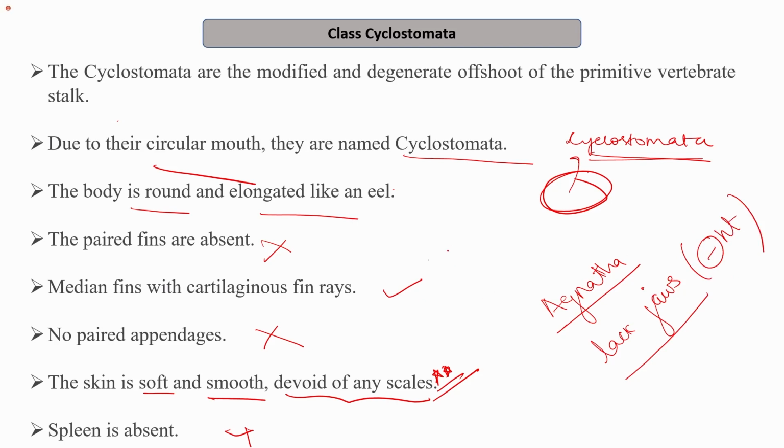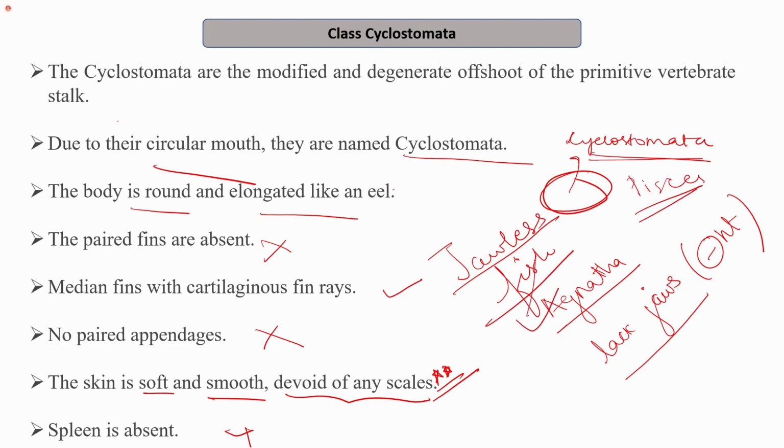So they can be considered as jawless fish. Fine. But they are not placed under the superclass Pisces. They are placed separately. However, they can be considered as jawless fish. Fine. In the next class, we will see the gnathostomes that includes the superclass Pisces.